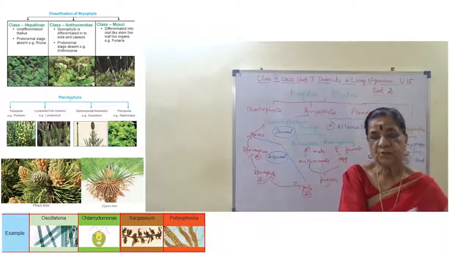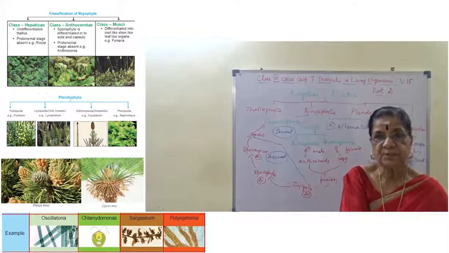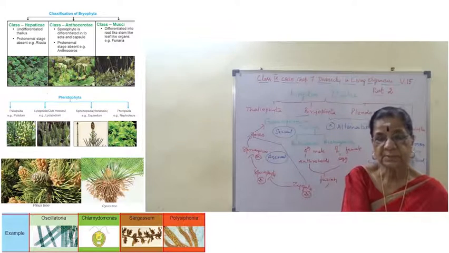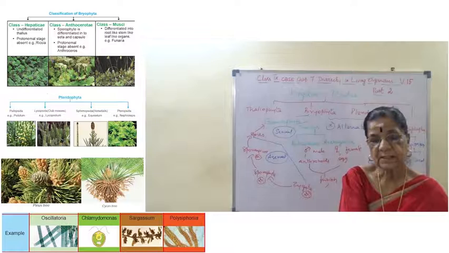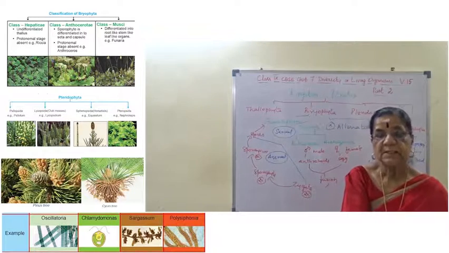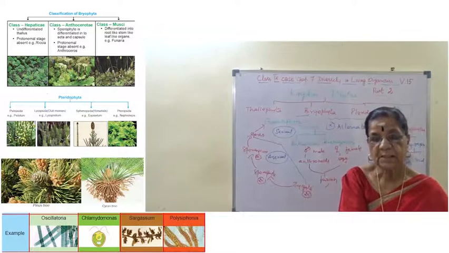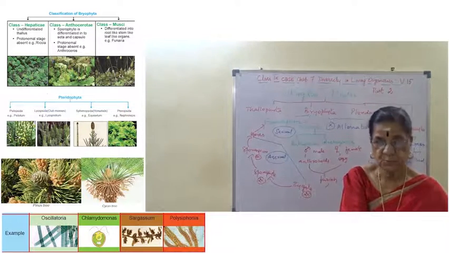And the leaves are dimorphic, as there are two types of leaves in Selaginella. Then the stem is a rhizome. They are seedless true land plants. They reproduce by means of spores.